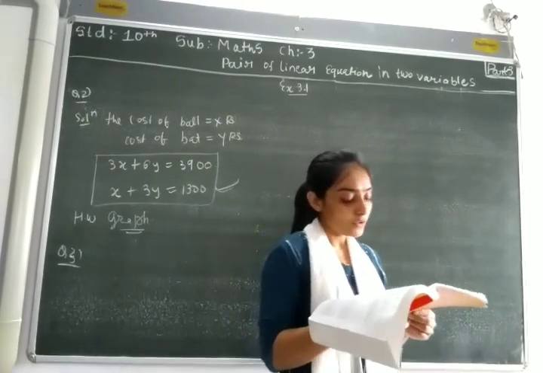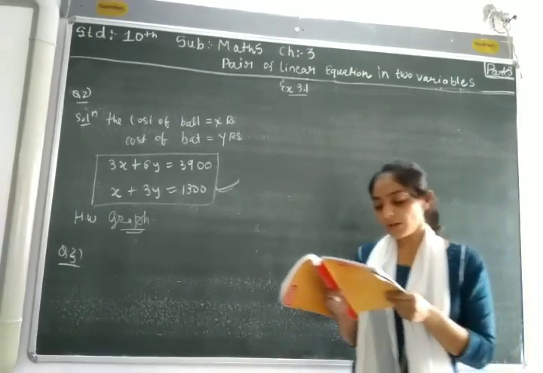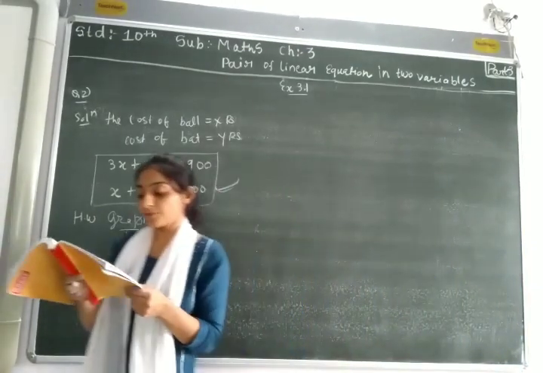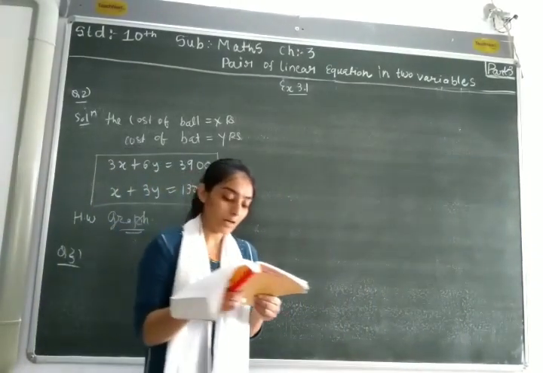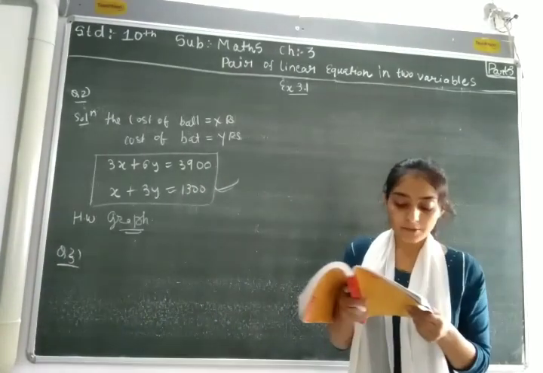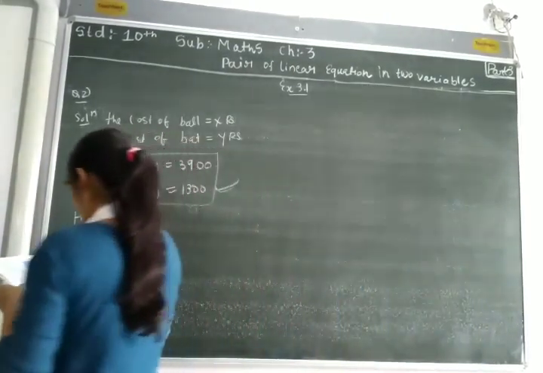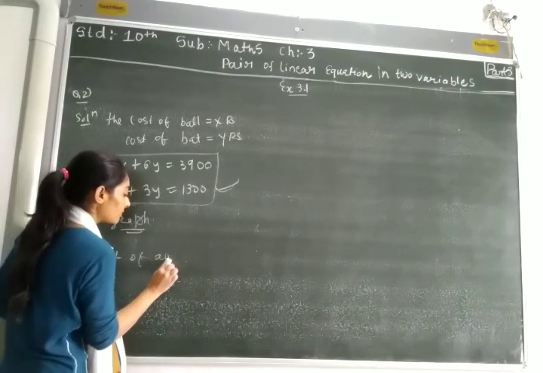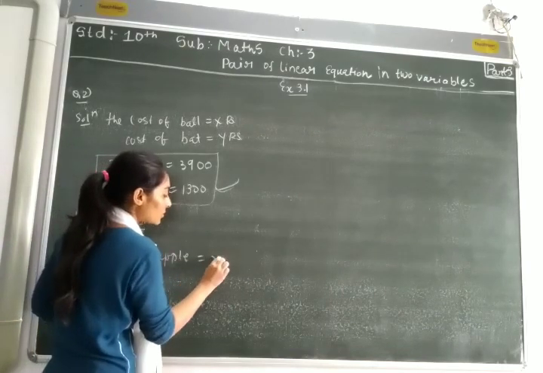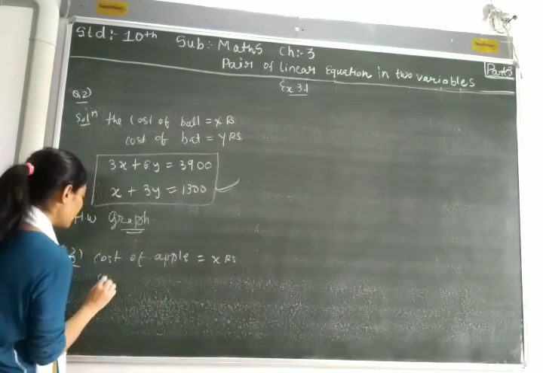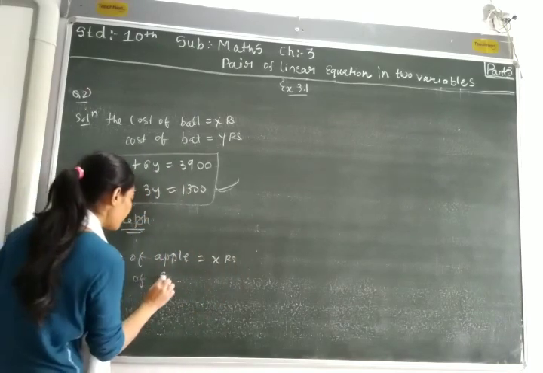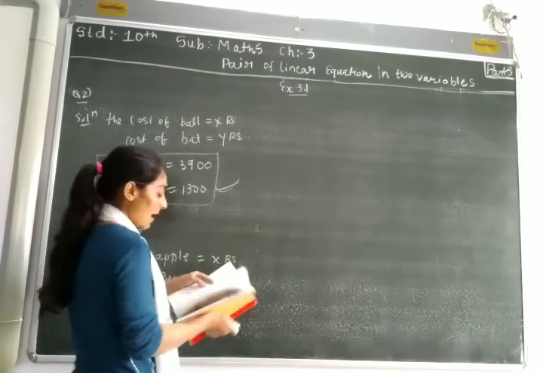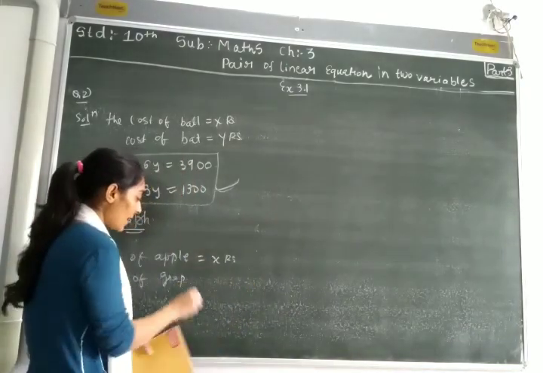After a month, the cost of 4 kg of apples and 2 kg of grapes is 300. Represent the situation algebraically and graphically. Cost of apple equals x rupees and cost of grapes equals y rupees.